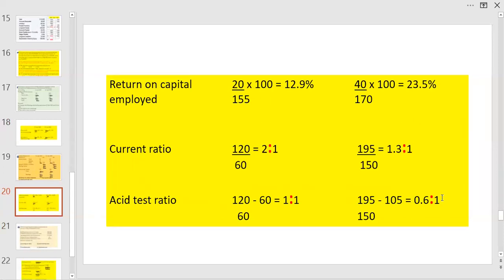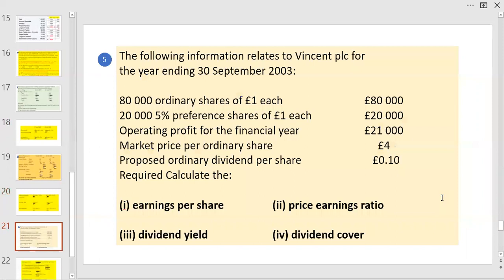Okay, the final question is about investment ratios. Some share capital details are given here. Ordinary share of 80,000, preference share of 20,000 at 5%, operating profit of 21,000, market price 4, dividend proposed is 10 cents per share.